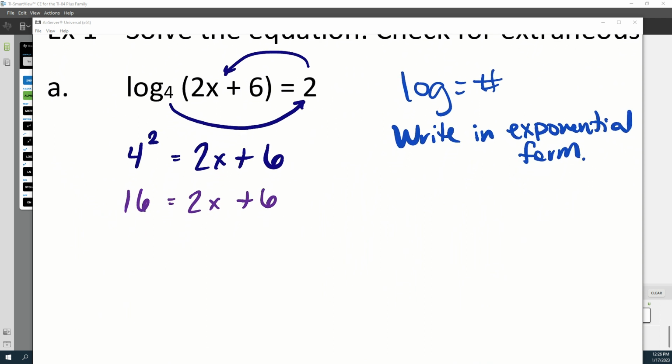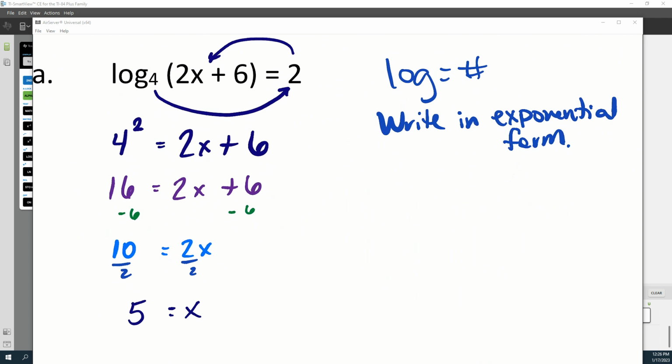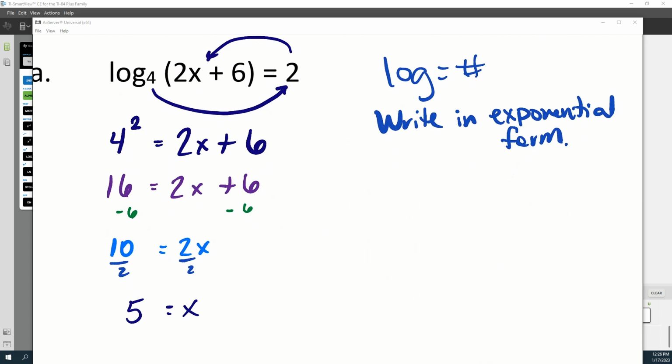So there's just a couple of steps. We would subtract the 6. And then divide by 2. All right. And then x is probably going to be 5, but let's just make sure.